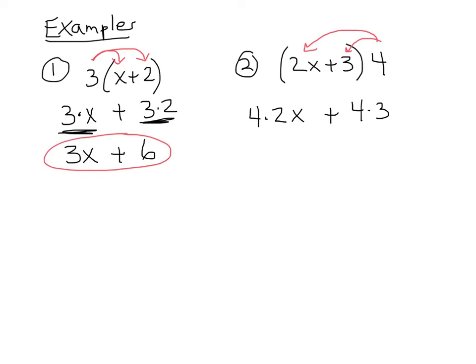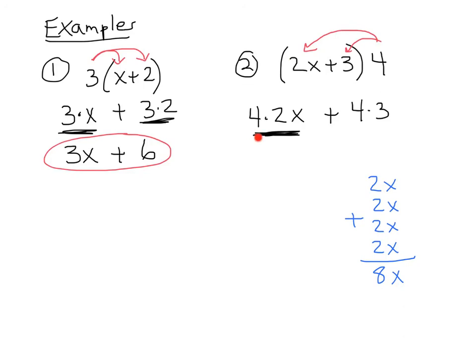Okay, you can multiply 4 times 2x. It's okay. And some of you guys are going to go, well, they're not like terms. It doesn't matter for multiplication. Let me show you. A 2x multiplied by 4 means you'll have it not once, not twice, not 3 times, but 4 times. And 2x 4 different times gives you 8x.